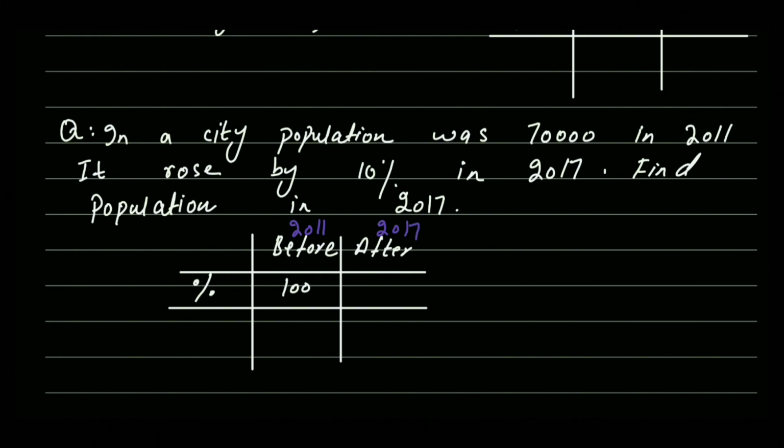So it rose by 10% in 2017: 11 comes first, and after that 17 comes. Then you have to write it accordingly.